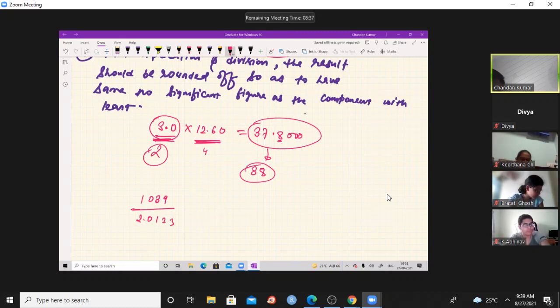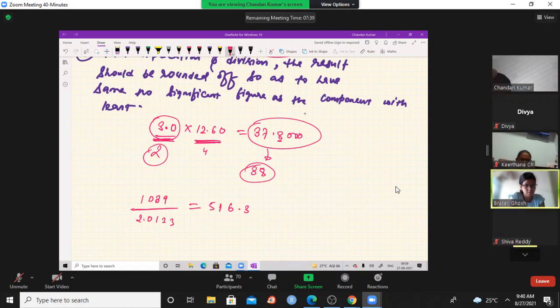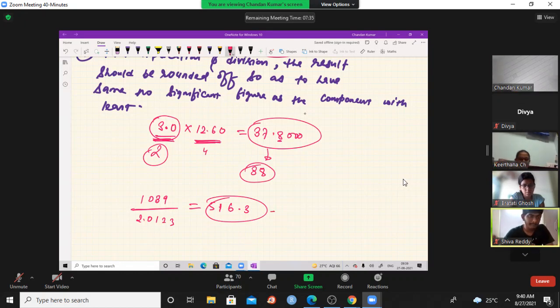Can you give me the value after rounding it off? 6.3, sir, after rounding it off. Everyone getting the same? Yes, sir.